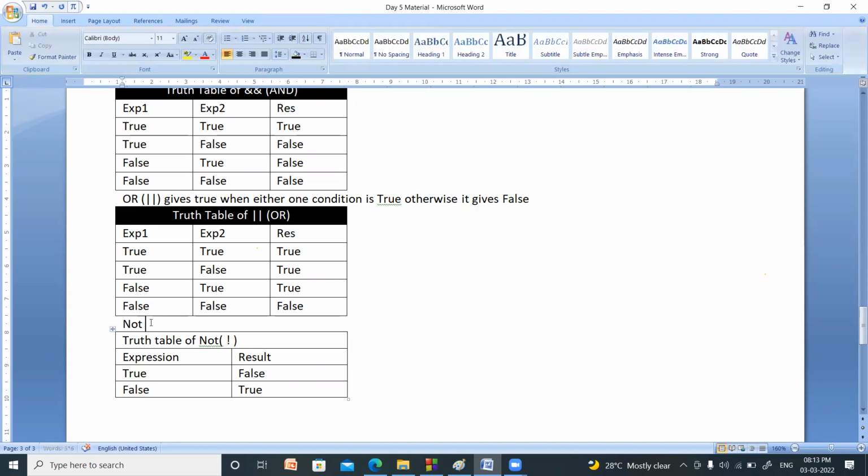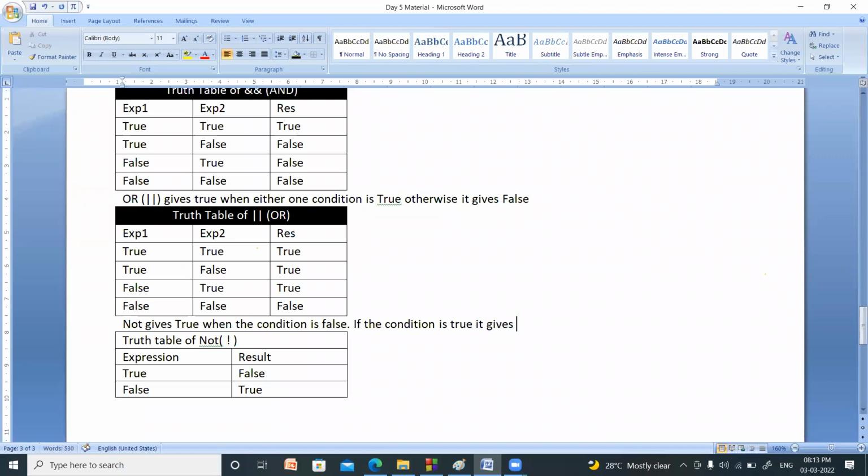Now tell me, what is the use of not? Not gives true when the condition is false. If the condition is true, then what is the not operator result?